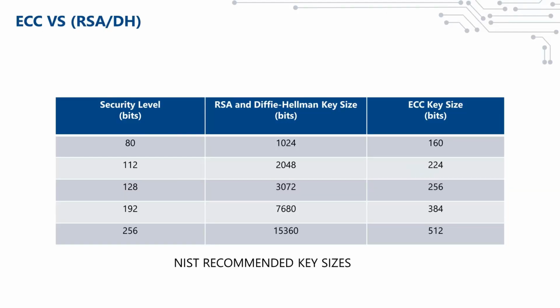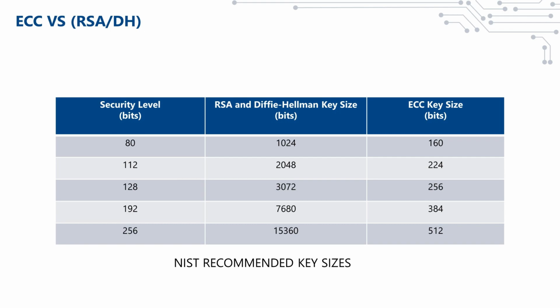As you see here in this table, which shows the least recommended key sizes for RSA and ECC for different security levels, starting from the 80-bit security level to the 256-bit security level, the key sizes of RSA are bigger than the key sizes for ECC.